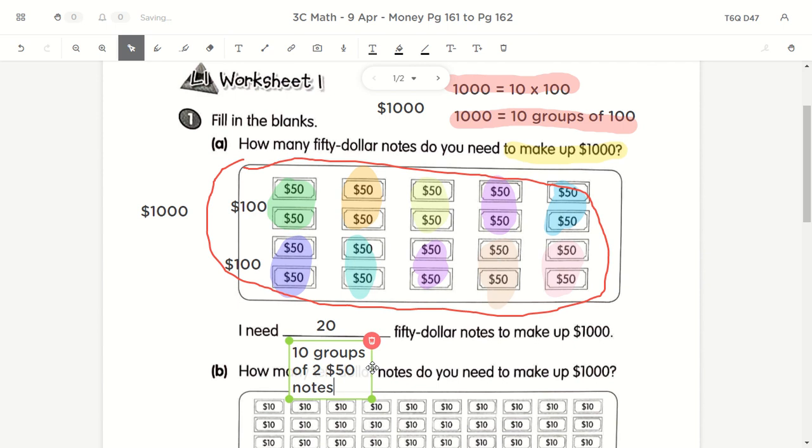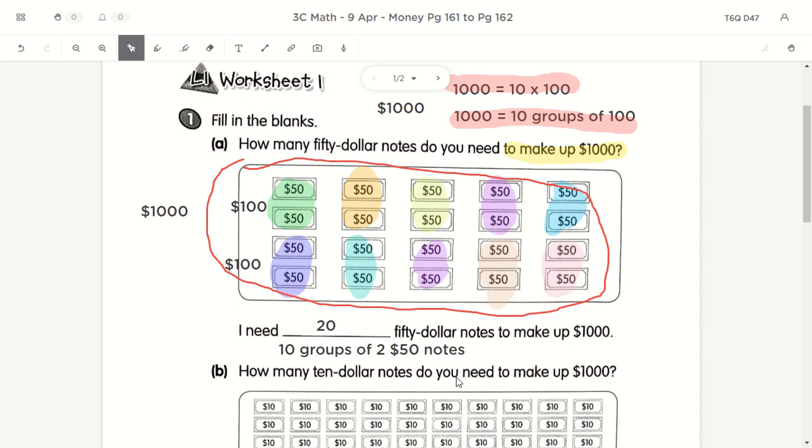Alright. So this is how you will be doing these questions. All you need to do is to form groups of 100 or even tens to help you get to 1000, and then you figure out how many groups there are, and then figure out how many notes you need to make up 1000.